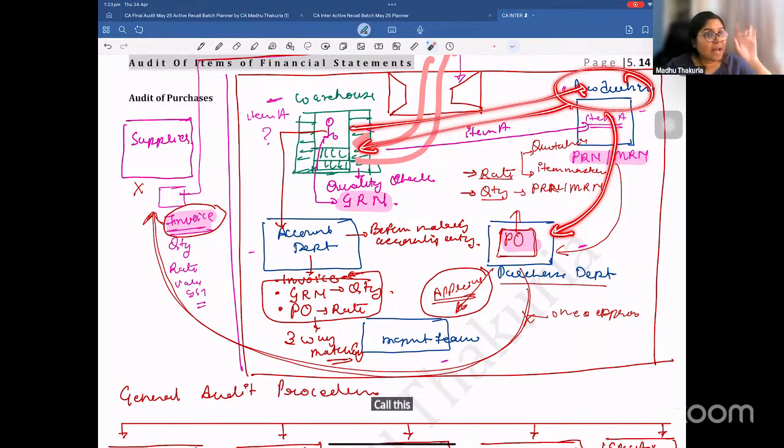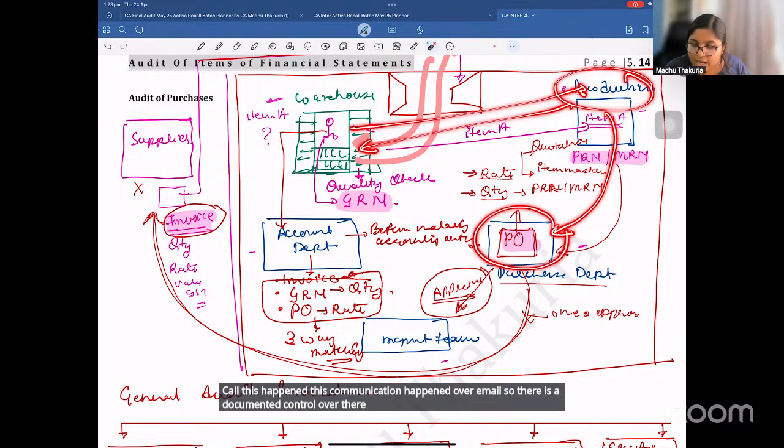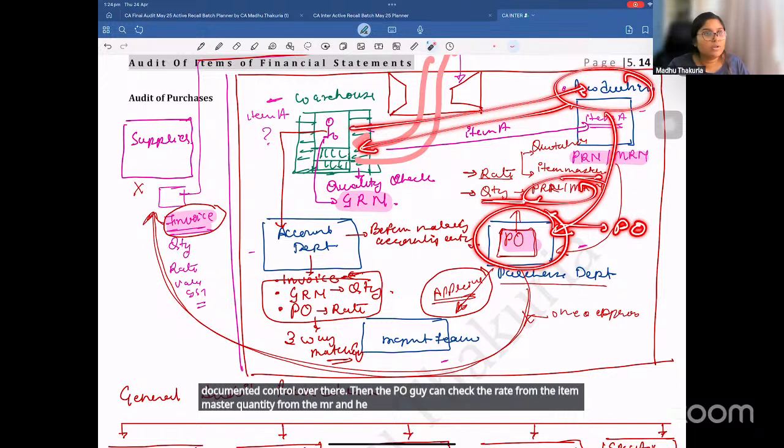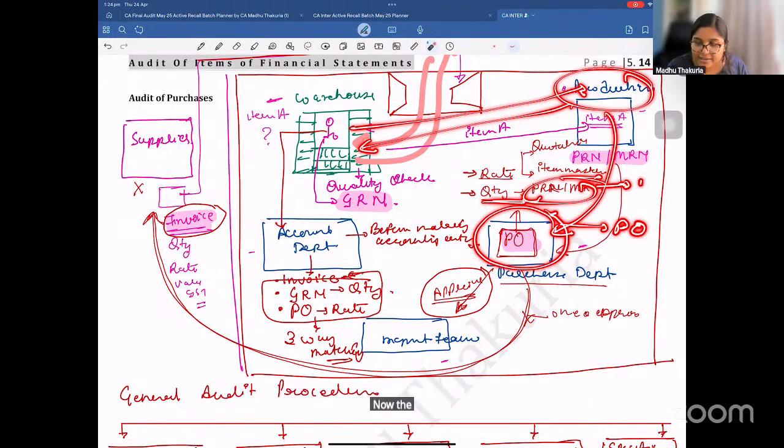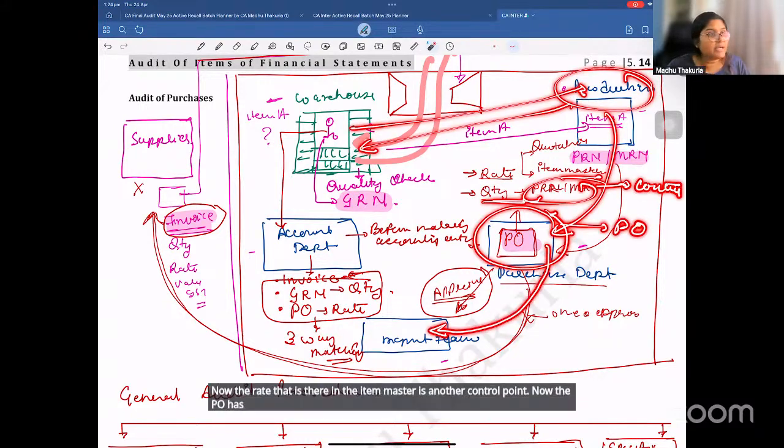This communication happened over email, not over a call, so there is a documented control. Then the PO guy checked the rate from the item master and the quantity from the MRN, and raised the PO. The rate in the item master is another control point. Now the PO has gone to the management team for approval, and this approval is another control point.